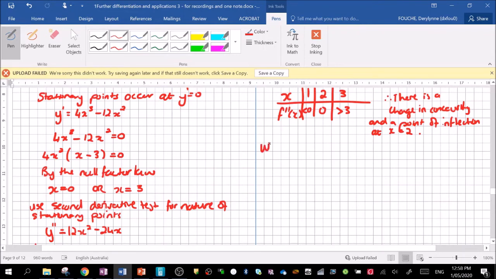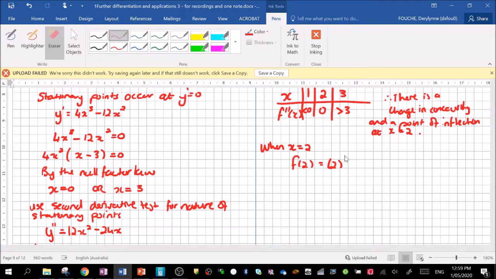So when x equals 2, f of 2 gives me, it's our original equation, 2 to the power of 4 minus 4 times 2 cubed, which gives me negative 16.